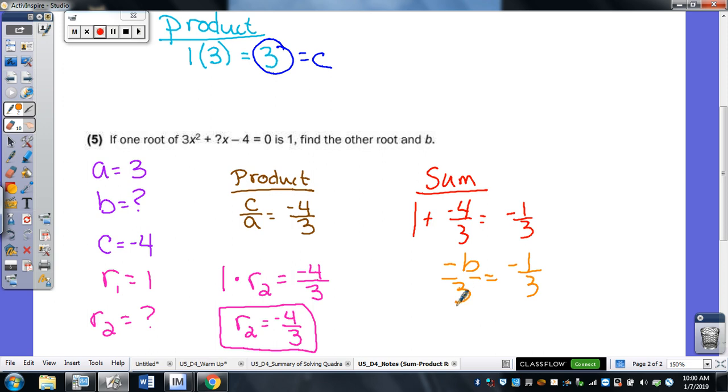So I can replace that with a 3, right? So what is b going to equal? A couple people already said it. Negative b would equal negative 1, because your numerators would have to be the same since your denominators are the same. So divide by negative, and b is going to be a 1. So root 2 was negative 4/3, b is a positive 1.